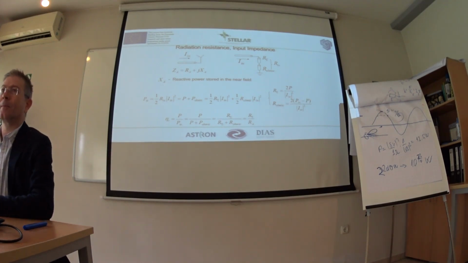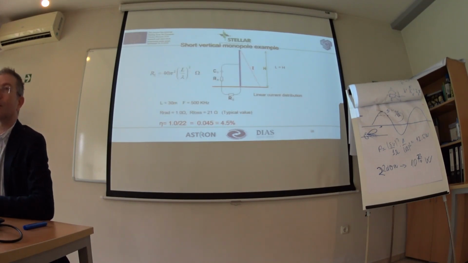And you will say, why do we care about the radiation resistance? We do care because for antennas which are shorter than a wave, radiation resistance is very small, like antennas for VLF, LF, low frequencies.